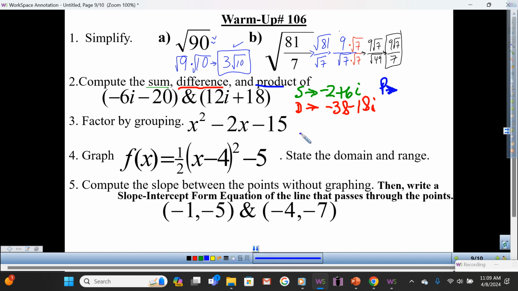Hold on. You said -72i squared. What else? Minus what? 240i. Minus 468.